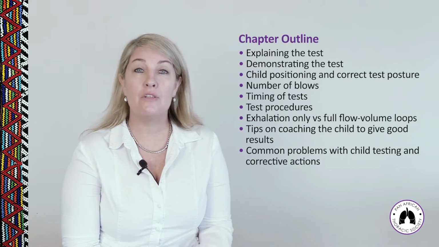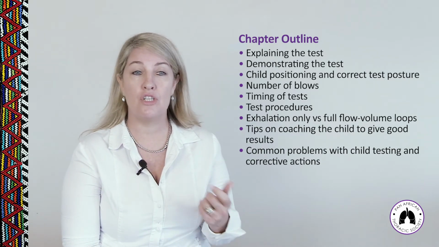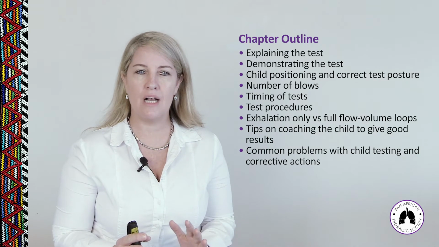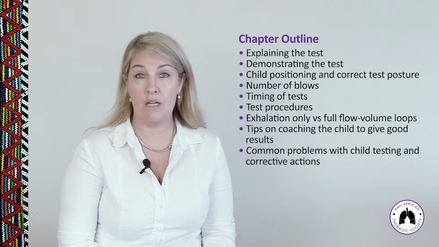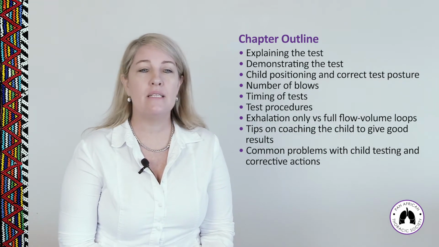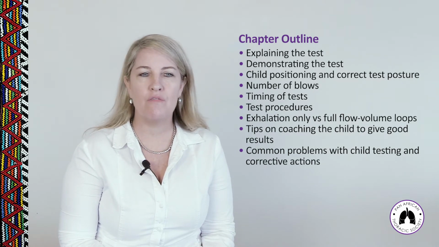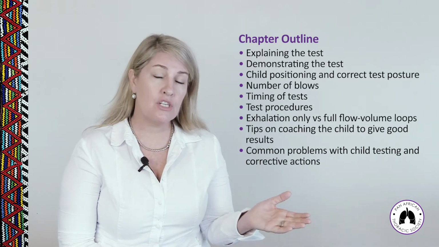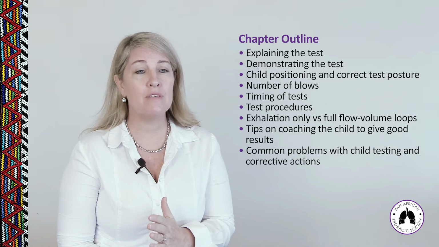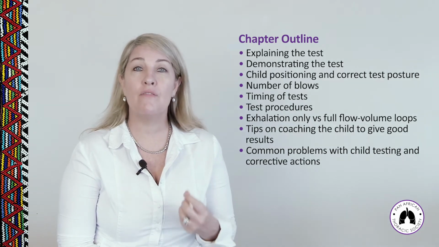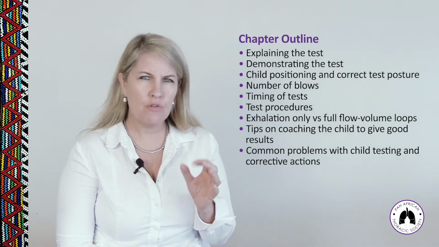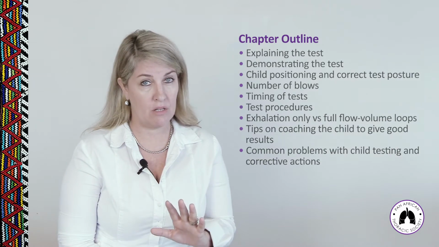So we're going to look at how to explain and demonstrate a test to a child, how to position the child, the number of blows you can do, the timing of the tests, all the test procedures involved, exhalation versus full flow volume graphs, tips on coaching the child to give you good results, and going through the common problems and how to correct those.